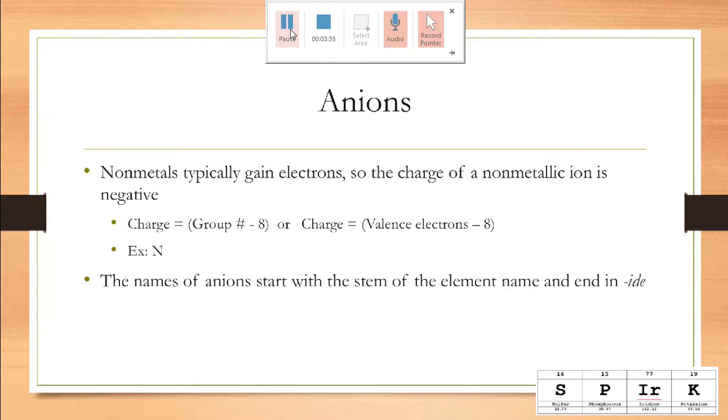The names of anions start with the stem of the element name and end in -ide. So the Cl- ion, we would name as chloride. We take the start of the element name, CHLOR, cut off the ending and change it to -ide, so we have the chloride ion.